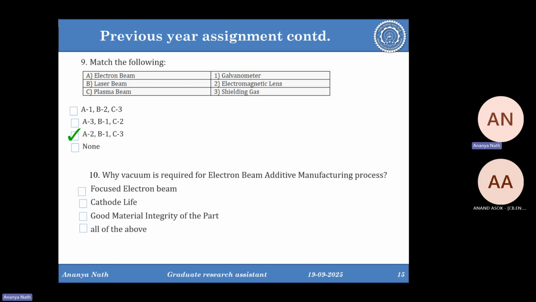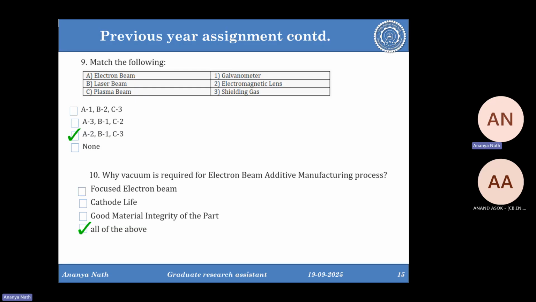Why is vacuum required for electron beam? So it's because of a lot of things. Focusing of electron beam first, because electron beam is made of electrons and electrons are very lightweight. So if we are purging the electron beam in a normal atmosphere or air-filled chamber, then the air molecules or air particles will try to interact with these electron beams.